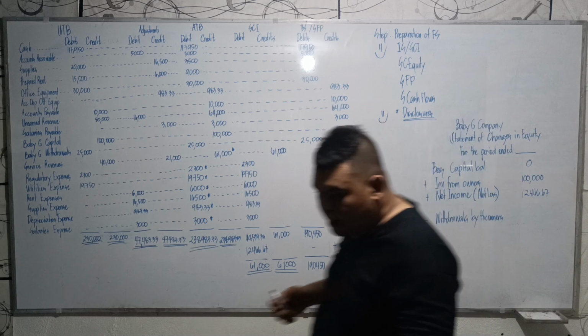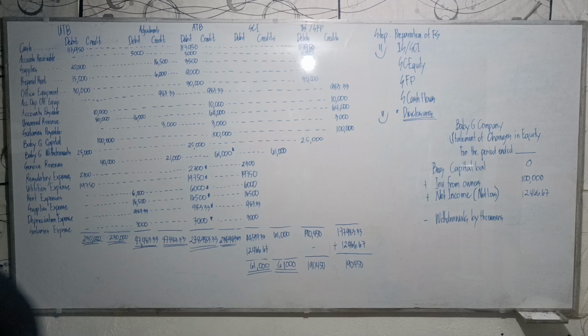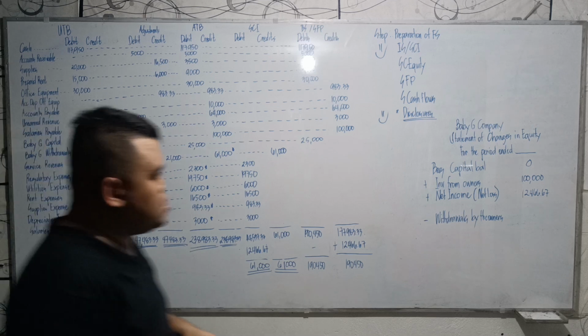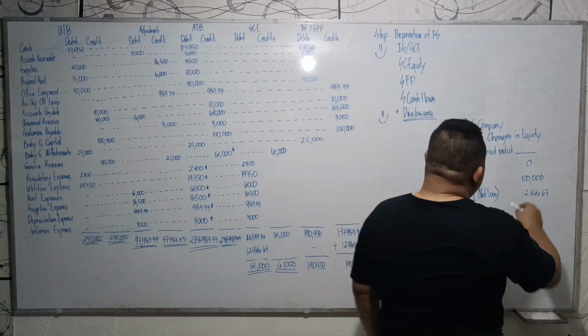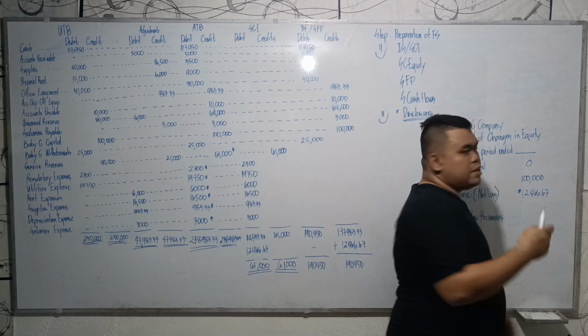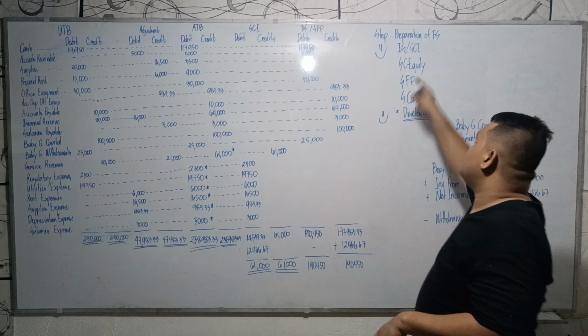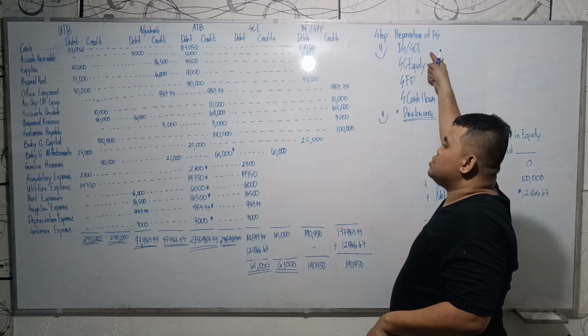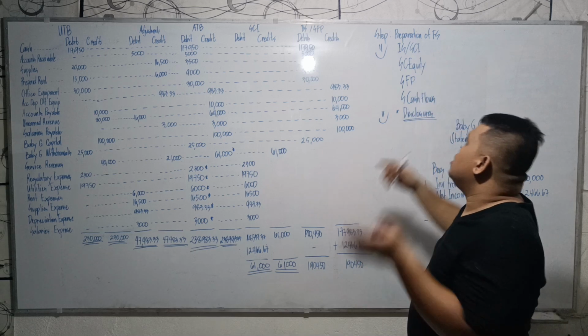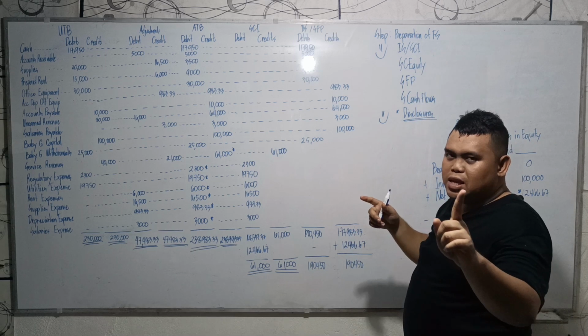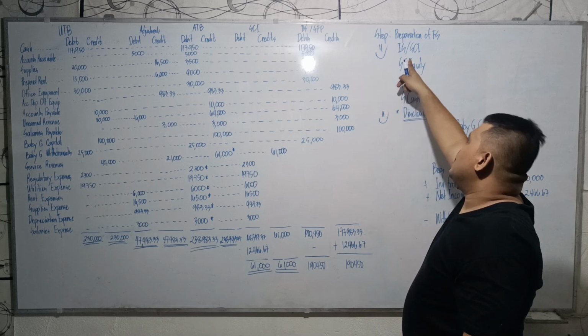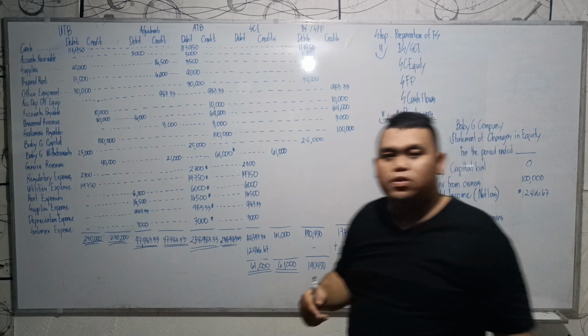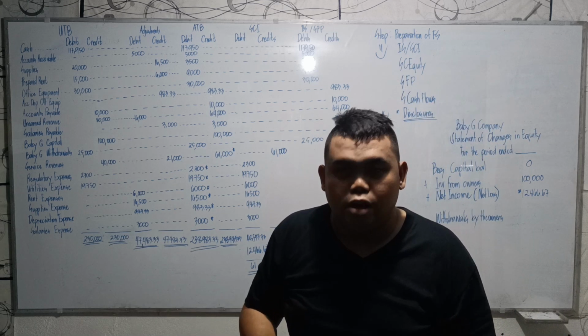And let me emphasize that that is based on the income statement, the summary of revenues and expenses. So meaning, this particular amount here will not be present if you have not started with statement of comprehensive income. Which is why, again, the first financial statement that you should prepare is the income statement or the statement of comprehensive income.